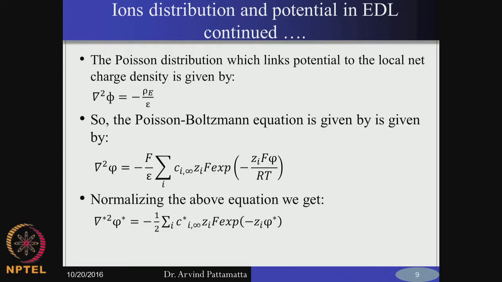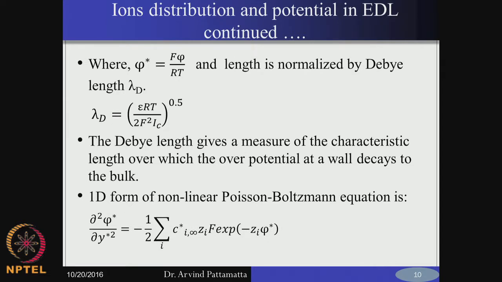Okay. So, if you normalize this, you can non-dimensionalize the potential phi as well as the coordinates. If you use the following non-dimensional notation, you can non-dimensionalize phi by multiplying by Faraday's constant divided by the universal gas constant times temperature, and that is your phi star.